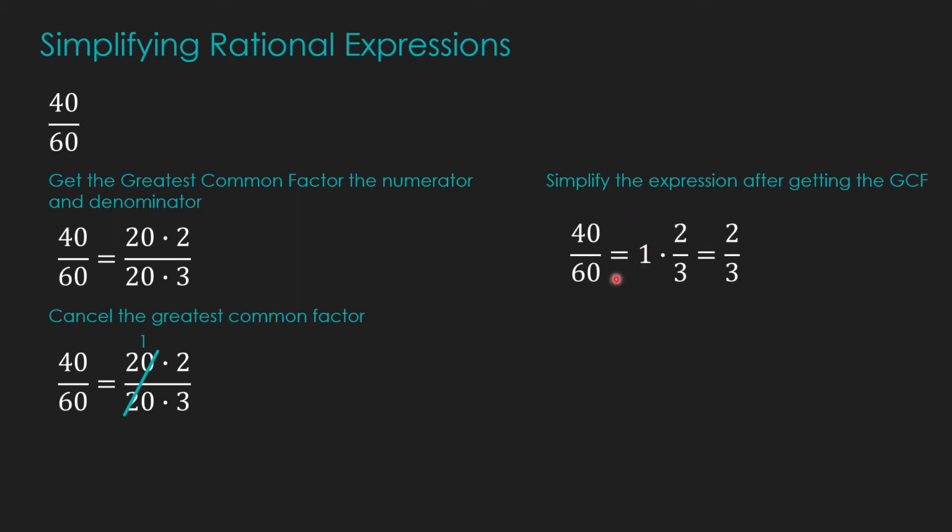So, 40 over 60 or 40 divided by 60 is equals to 1, gikan si 1 sa 20 over 20, and that is times 2 over 3. Kaya mo naman lang nabilin, no? So, 2 over 3. So, what is 1 times 2 over 3? That is simply 2 over 3. So, the simplified form of 40 over 60 is actually equals to 2 over 3.